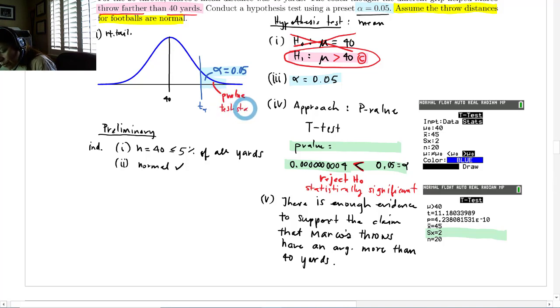This means that t sub alpha was greater than the test statistic, so the test statistic lied in the critical region. That's the classical approach: instead of looking at it as p-value and alpha, it's the same approach of looking at it as the t-score sub alpha and t. And that's what these values are in the calculator. It tells you the alternative, it gives you the test statistic, it gives you the p-value. So here is the alternative, here's the test statistic, and this is the p-value, and then there are the sample statistics that we had.